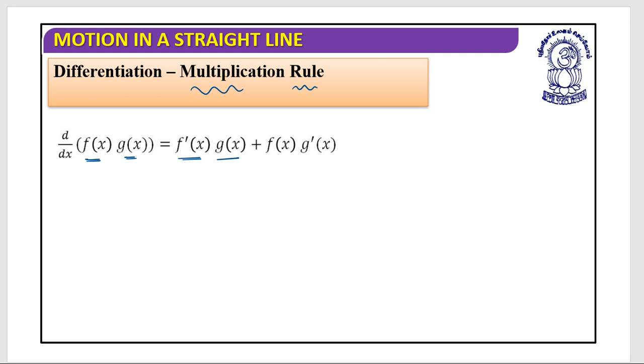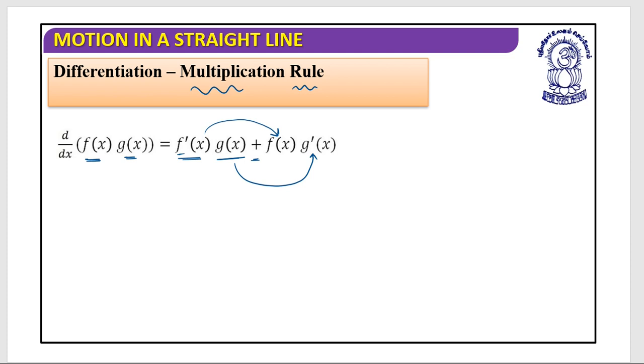Now put a sign of addition and interchange the roles. What I mean by interchange is that you have already differentiated f, so now write it as it is, but you have not differentiated g(x) yet, so now differentiate this.